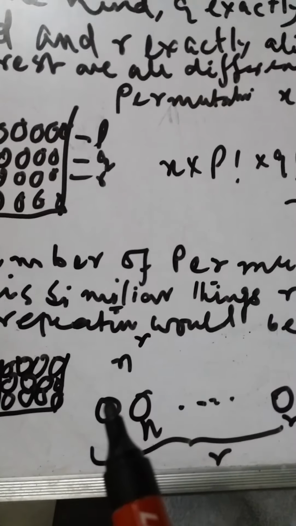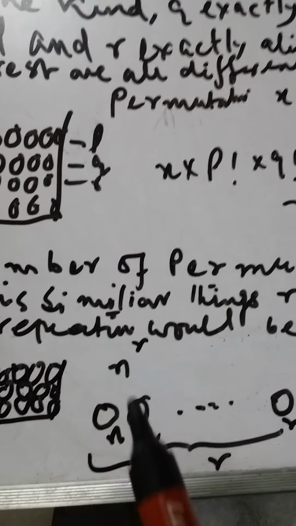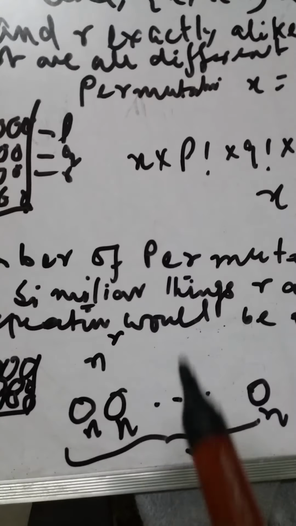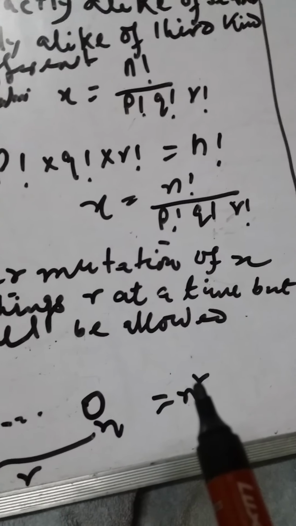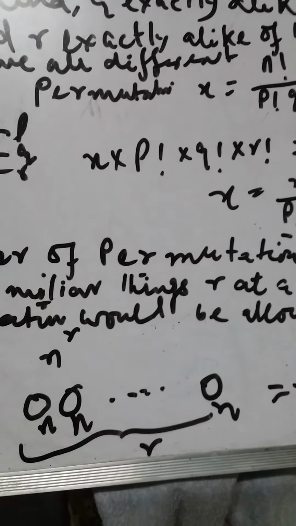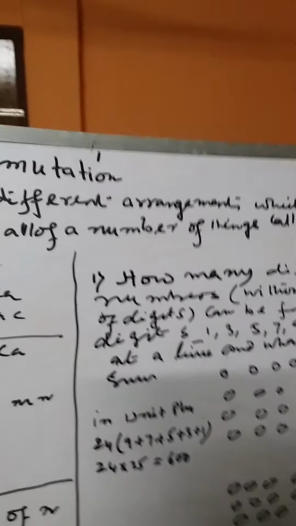You can put the first hole in n ways, the second hole also in n ways, the third hole also in n ways. So for r holes you get n to the power r. That is the formula for taking r different things in which repetition is allowed.